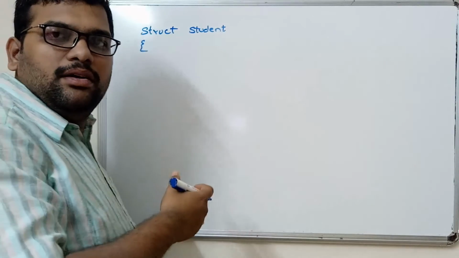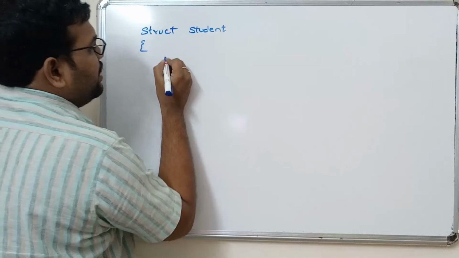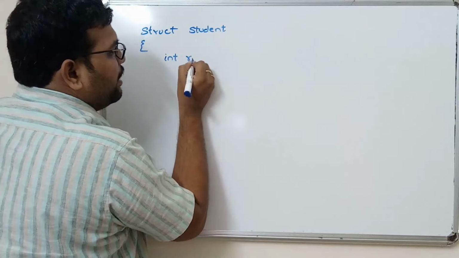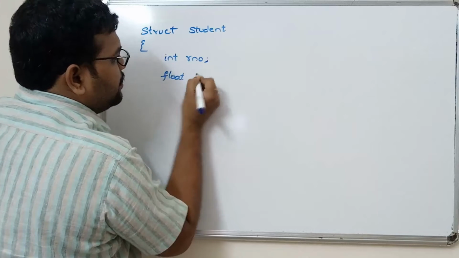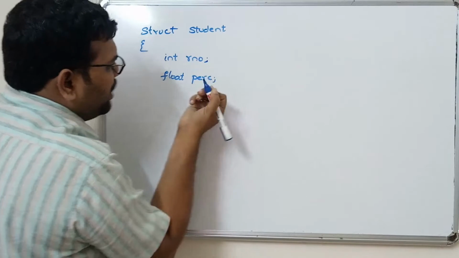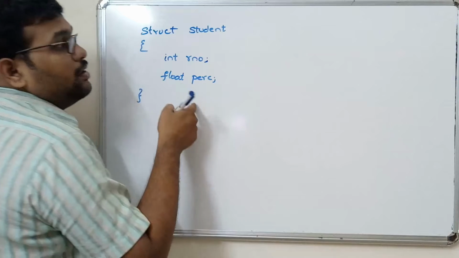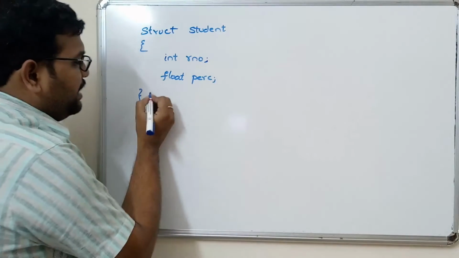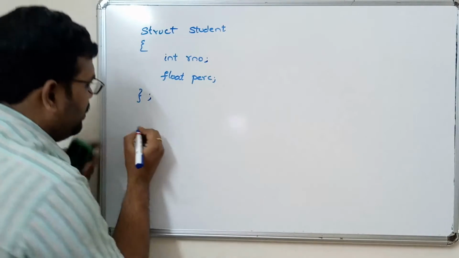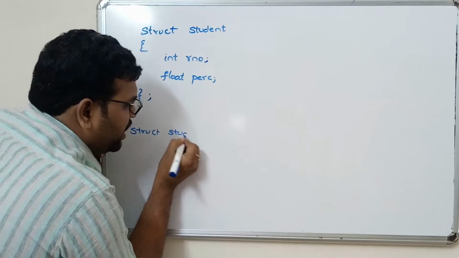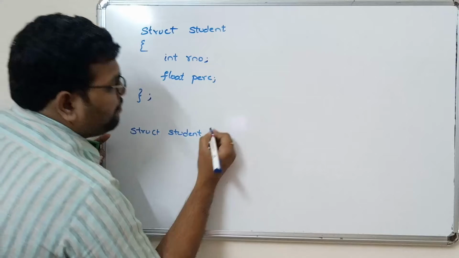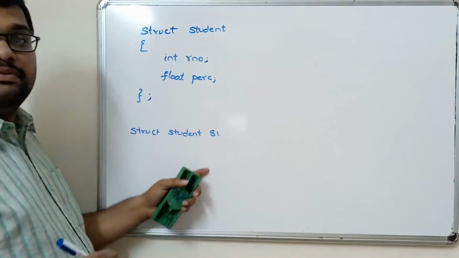Write down the variables: let us write int rnumber and float percentage. Let us take only 2, and declare a structure variable using the struct keyword: struct student s1 is a structure variable.